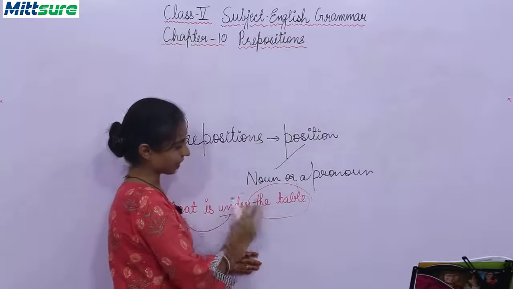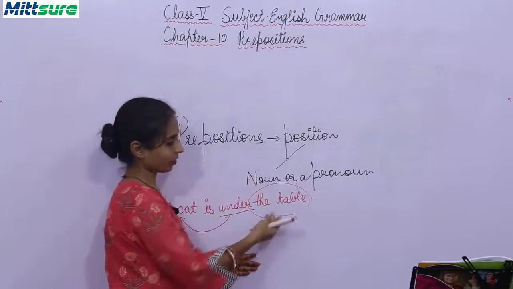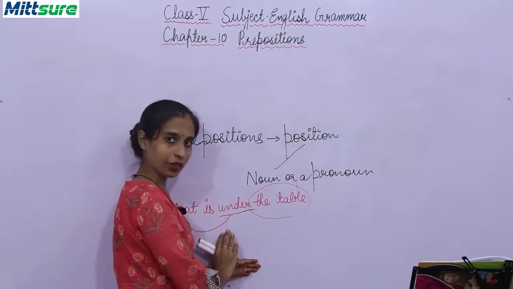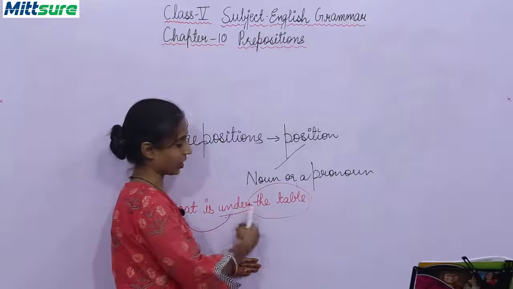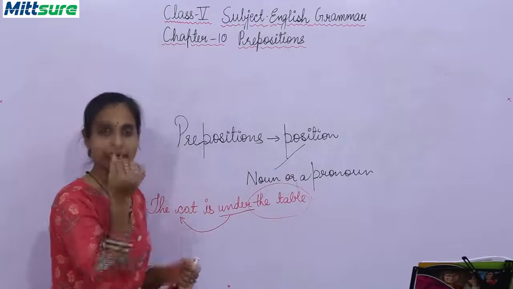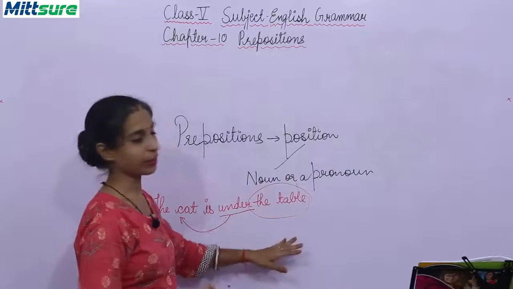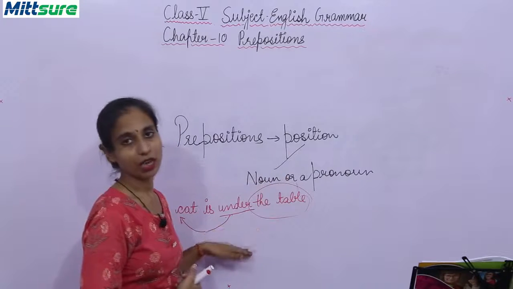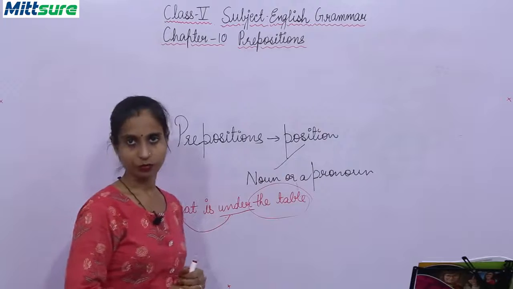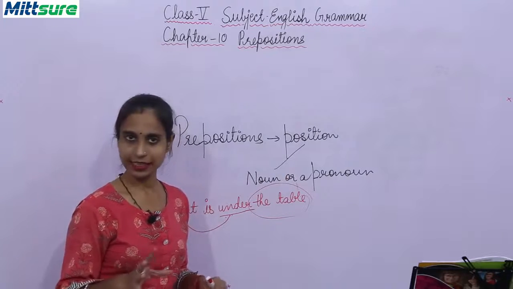So it will be placed before that noun or a pronoun. Under the table, in the pond, into the river, like that. All right. So, preposition is placed just before the noun or a pronoun. Now, the position of preposition is also clear in the sentence.